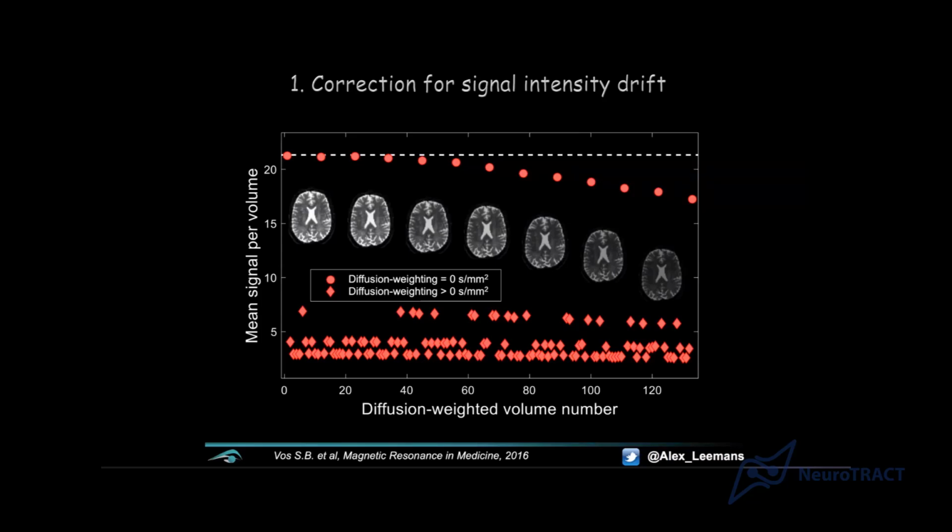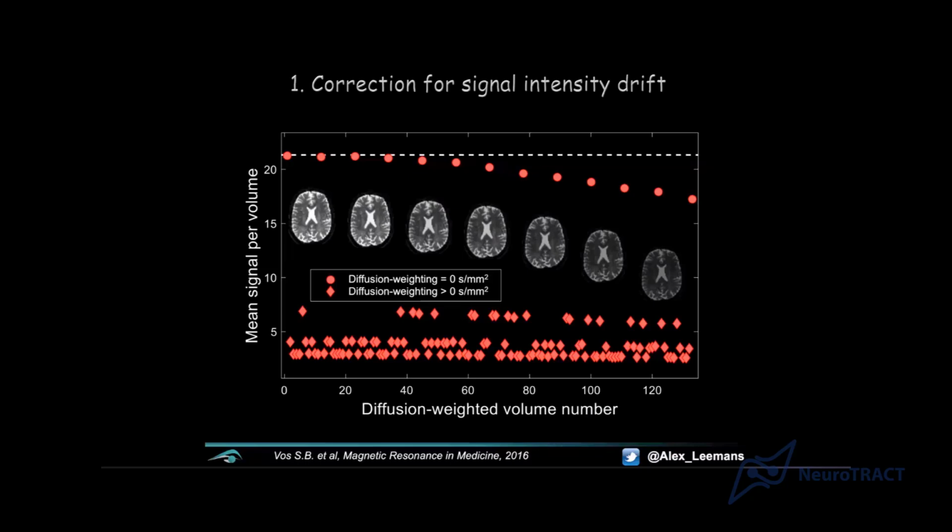The reason why people never saw it before, or didn't pay attention to it, is because in the olden days we only acquired one non-diffusion weighted image. And when you acquire the diffusion weighted images, obviously the contrast in these images is different. So it's not clear cut that a drift is present, because if you take the average value for each diffusion weighted signal, you'll get a different value because of the difference in contrast.